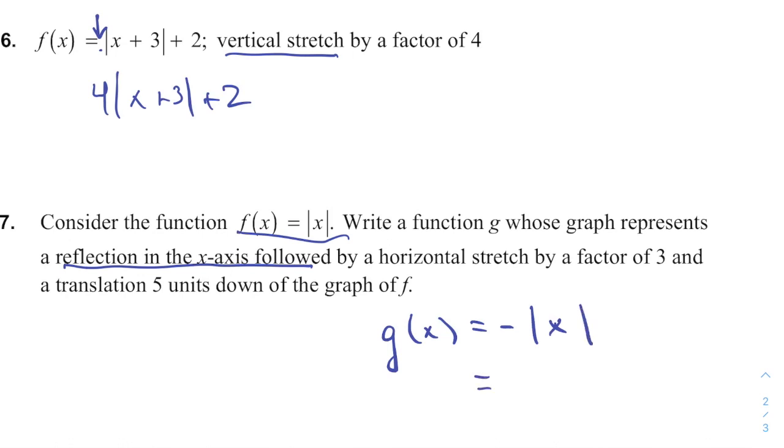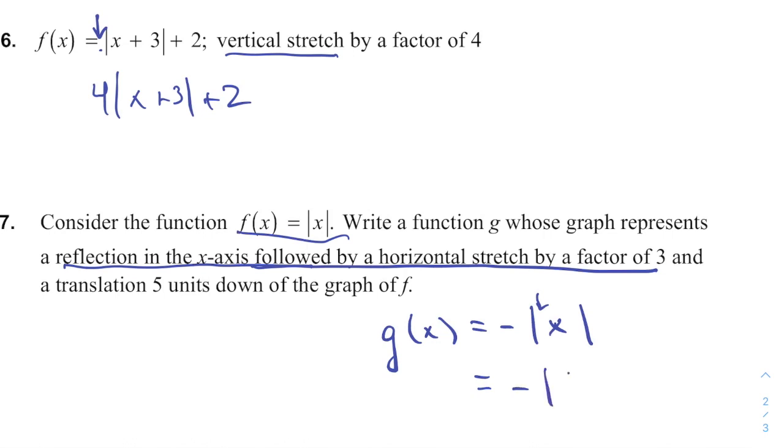Then we're going to do the horizontal stretch by a factor of 3. Horizontal stretch affects B, or the number that's right there. But remember, you don't multiply by 3. You divide by 3. So you could put 1/3 or you could put x over 3. It doesn't matter. Horizontal stretch is the opposite by a factor of 3.